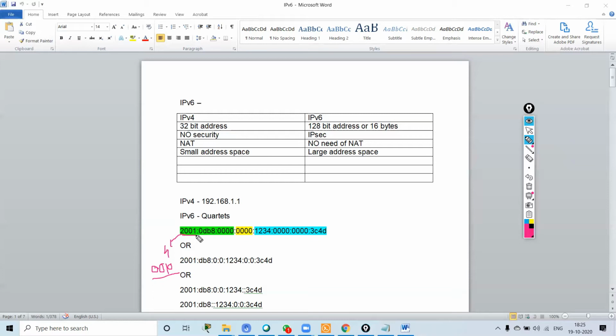So in a quartet, we have 16 bits. So the first 64 bits are the global prefix, you can say, and the other 64 bits are the interface ID.